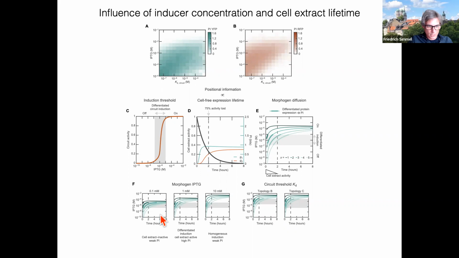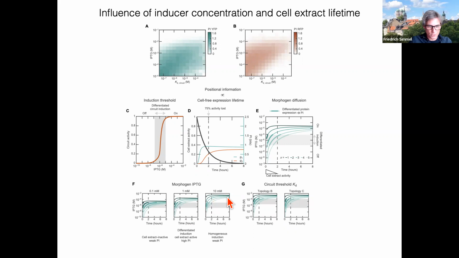In order to get some differentiation, we would like the morphogen concentration to be within this time window in this sensitive region, as indicated by the gray bar.